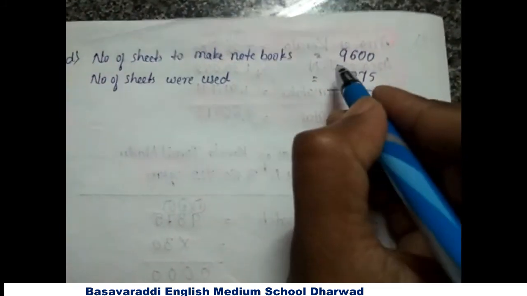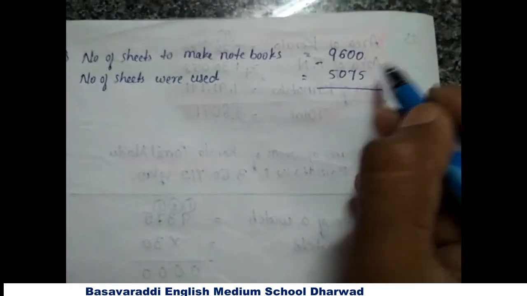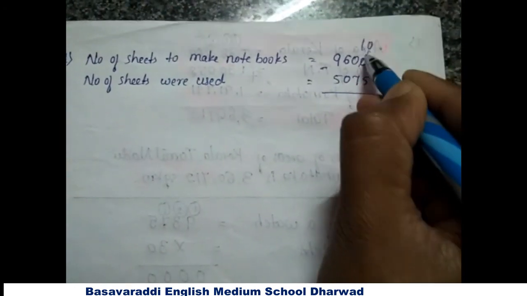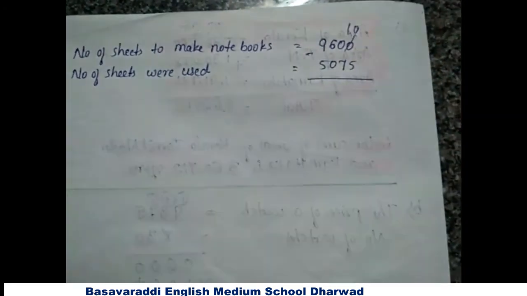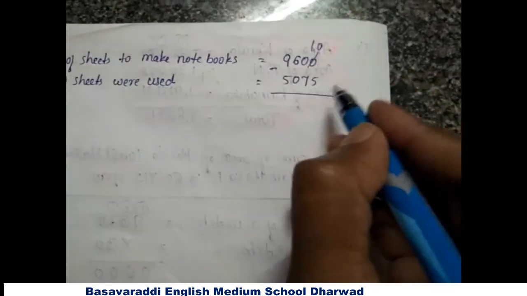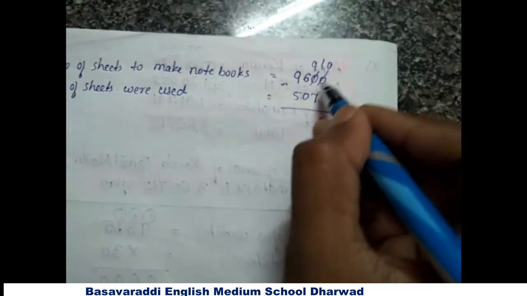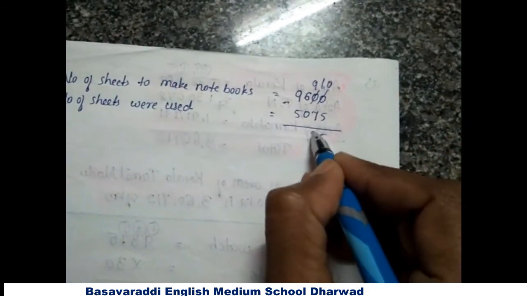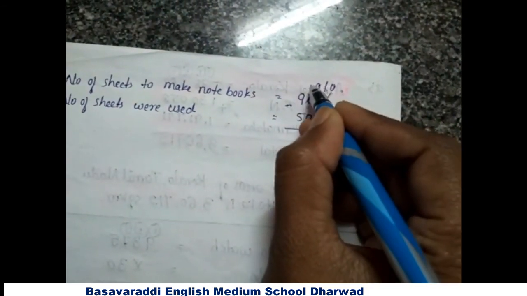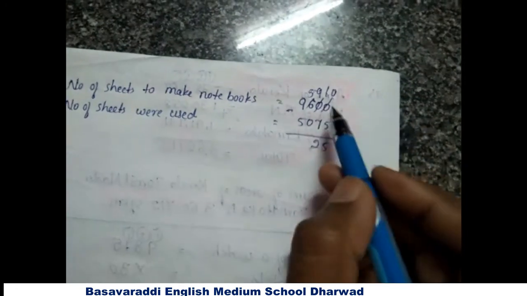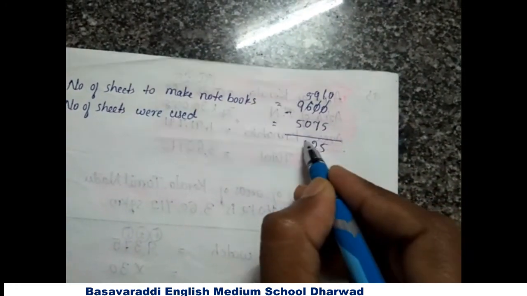Yes, do the subtraction. The 0 minus 5 not possible. Regroup the number here with the tens and ones places. 10 minus 5 is 5. Yes, the 0 becomes the 9. The 9 minus 7 is 2. The 6 becomes the 5. The 5 minus 0 is 5.